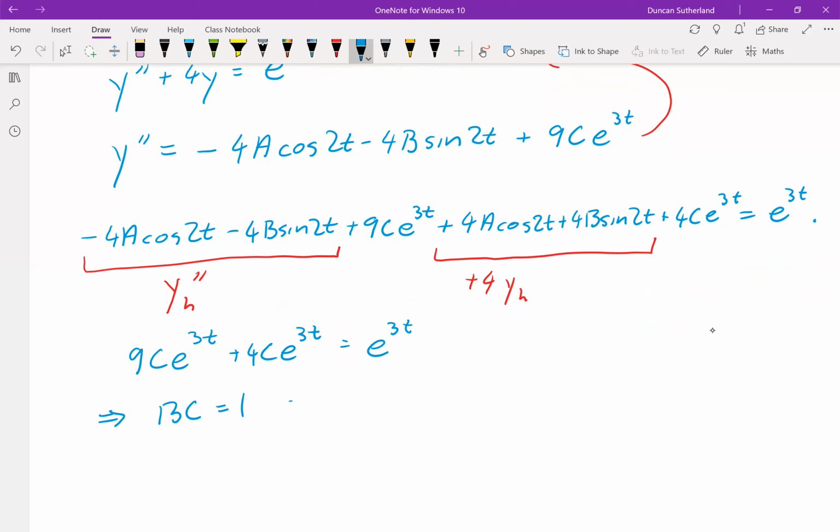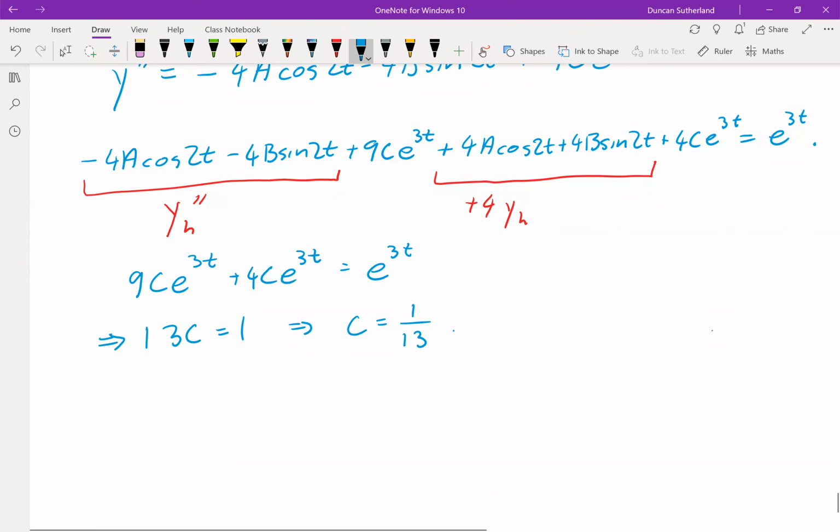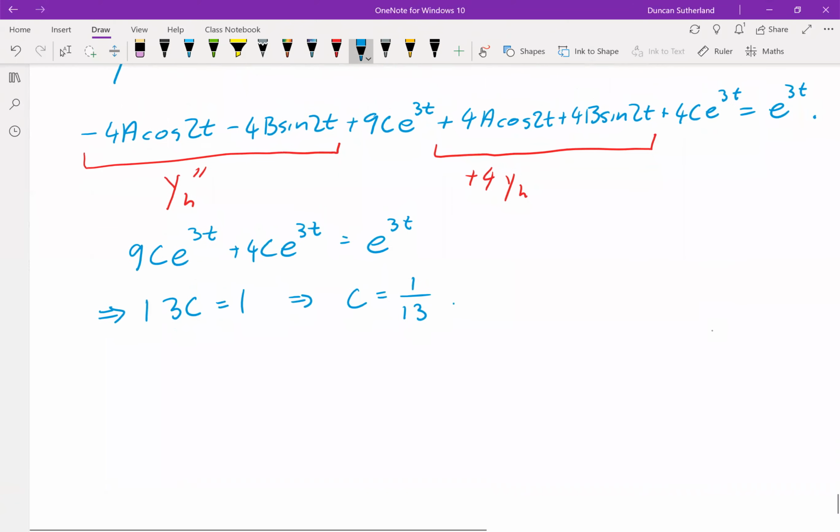So c equals 1 over 13. Now we've got all of the information that we can glean from this problem, so we can write out the general solution to the inhomogeneous problem.